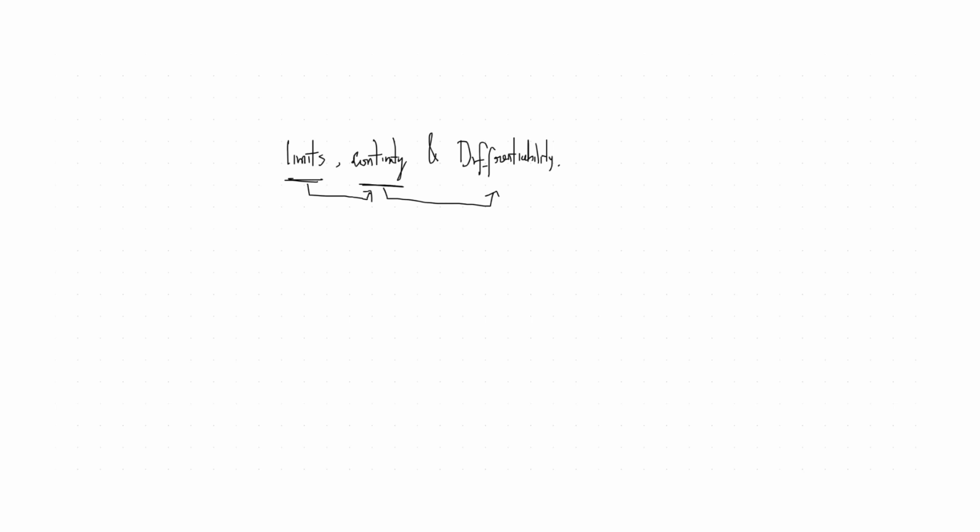Okay, so limit. Suppose I have a function, say f of x equals x squared. Here, say I want to check what happens at x equal to 0. This is my domain, and f of x equals x squared is my codomain.